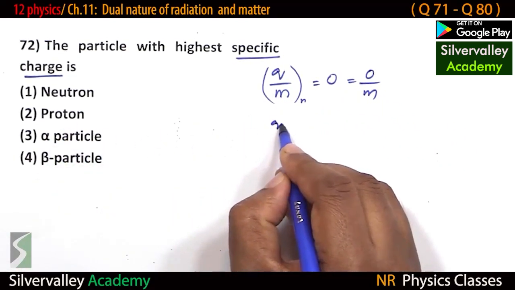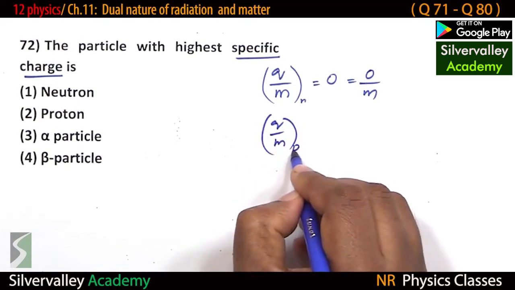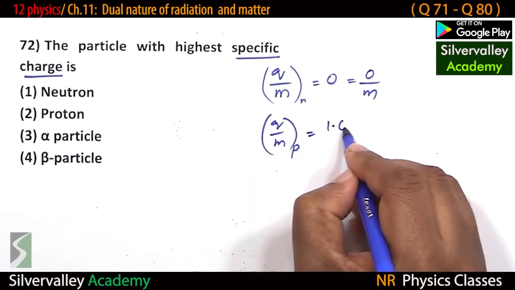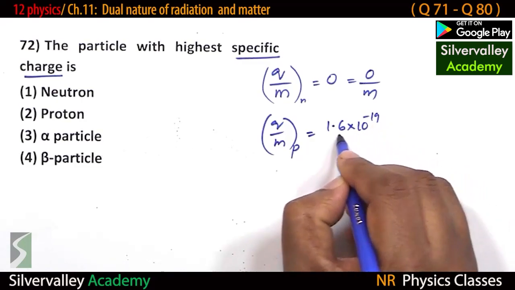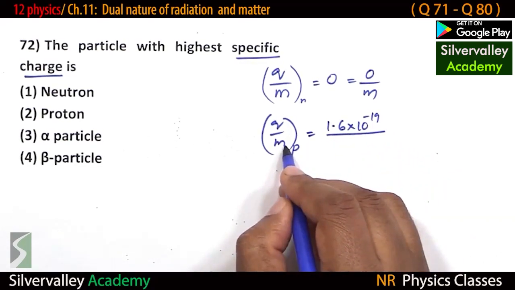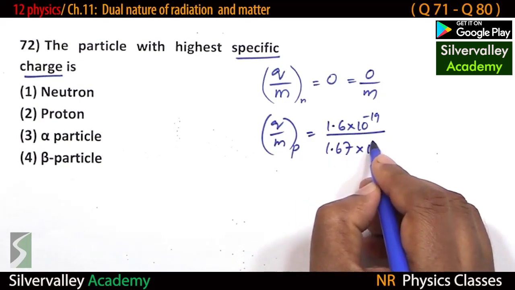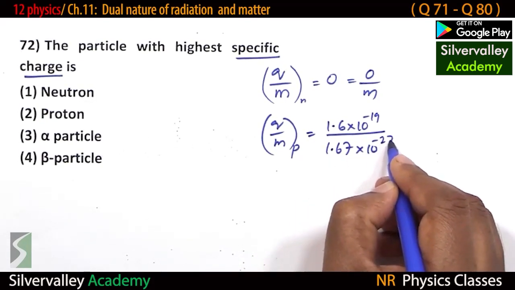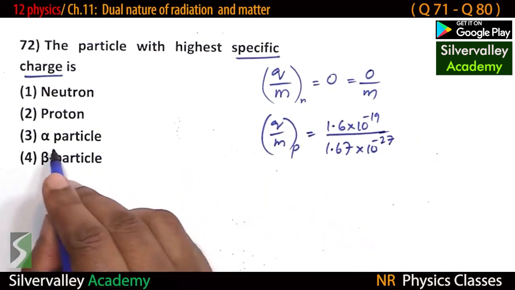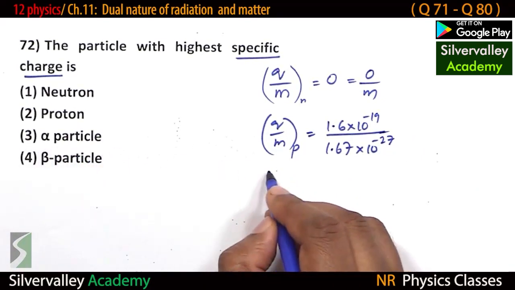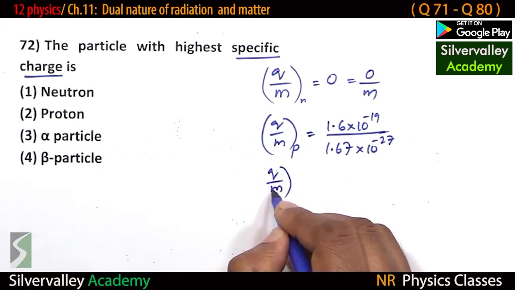Proton: the specific charge of a proton is the charge of the proton, 1.6 × 10^-19, over the mass of the proton, 1.67 × 10^-27 kg. Specific charge of alpha is Q by m of alpha.